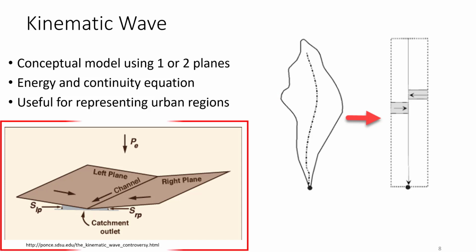Another way of looking at this is resembling something like an open book, where the water runs parallel to the text on the page and then into the channel that follows the book's center binding. So this method solves the energy and continuity equations for both the plains and the open channel to compute the watershed runoff. One application for using kinematic wave in HMS has been for urbanized regions, where you have gutters, ditches, or some other stormwater collector.